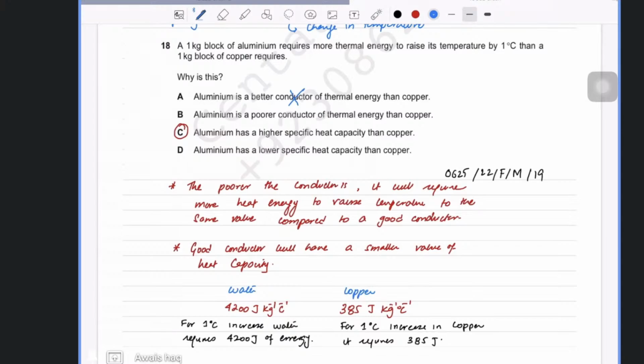Well, this is an ambiguous statement because it is obviously poorer, but right now we are talking about why aluminum requires more thermal energy to raise the temperature by 1 degree. So we have to talk in terms of heat capacity, which means that aluminum has higher specific heat capacity than copper. That is the reason why aluminum would want more energy to change the temperature by 1 degree. That completes the whole definition. Understood?